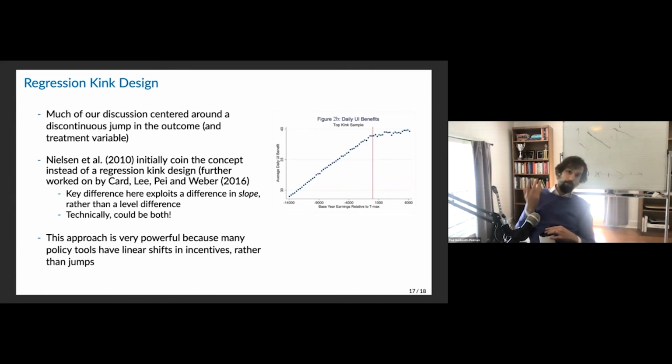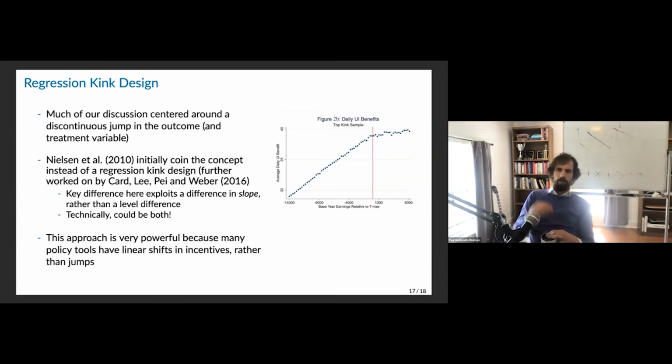The name is pretty provocative, but it causes a kink rather than a discontinuous jump. It can also cause a jump, but the feature it highlights is this kink in the relationship.